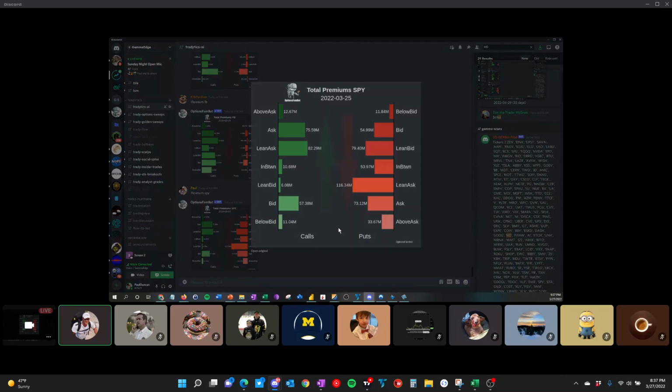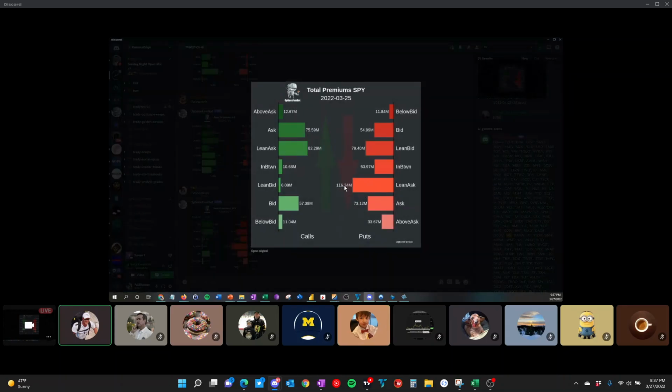You're looking at $116 million spent on the lean ask, which effectively is buying the SPY at whatever volume would be associated with that. We don't have the volume or the OI here, but this is just showing us the distribution for pricing.